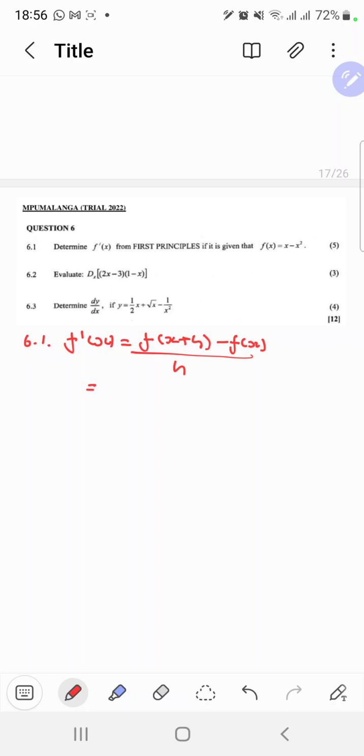So we just jump ahead and start working. Where we see x, we'll put x plus h. So this is going to be x plus h minus x plus h all squared, minus the entire function, which is x minus x squared. Oh, what a big crime, guys. Why are you quiet when I'm making such a big crime?